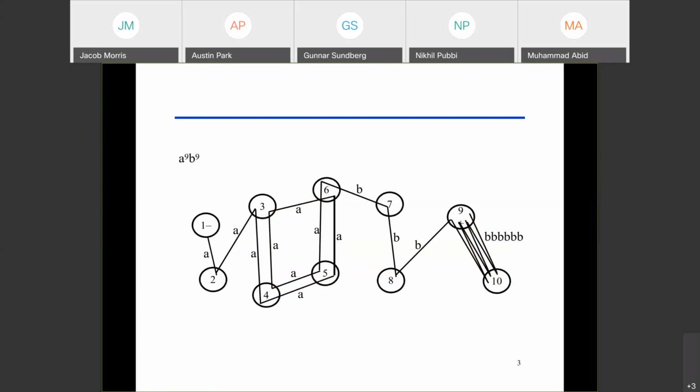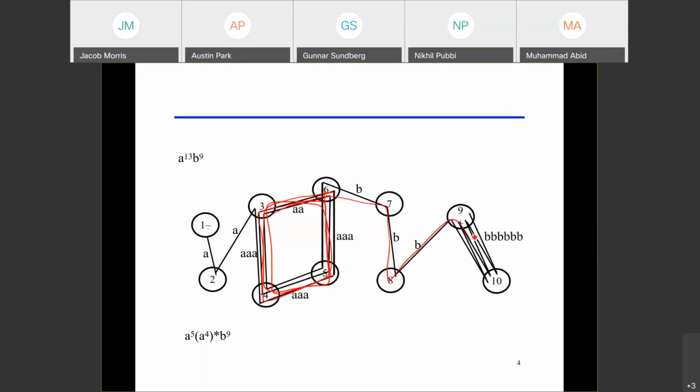You are allowed to take as many rides as you want on the loop. So now this creates a discrepancy. If we want, we can have more rides on this part, and that increases the number of A's. Once you have 9, here you have 9, 10, 11, 12, 13. You take one more round and you have 13, and then you have 9 here.